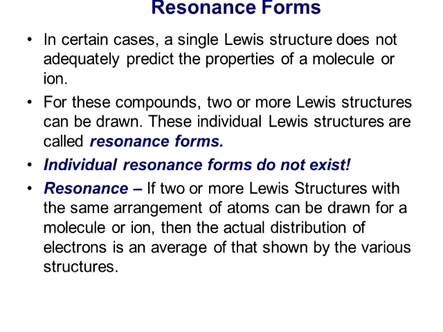So let's talk about resonance forms and what resonance means. In certain cases, a single Lewis structure does not adequately predict the properties of a molecule or ion. In other words, when we draw a Lewis structure, we fix the electrons in a position or at a location. But we now know that these electrons have mobility.